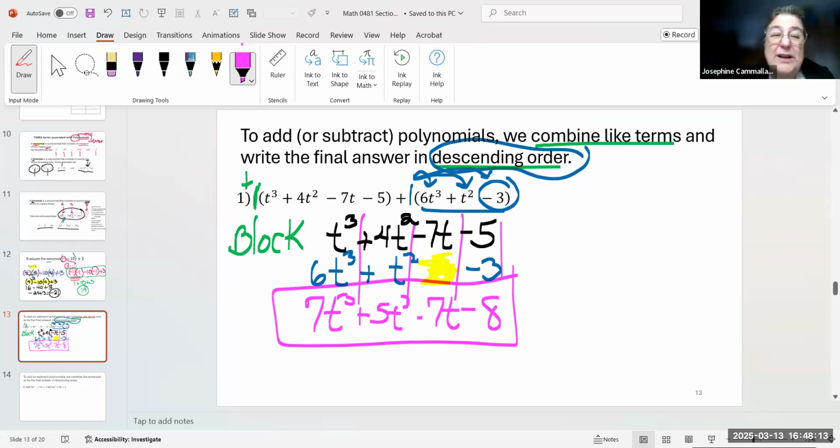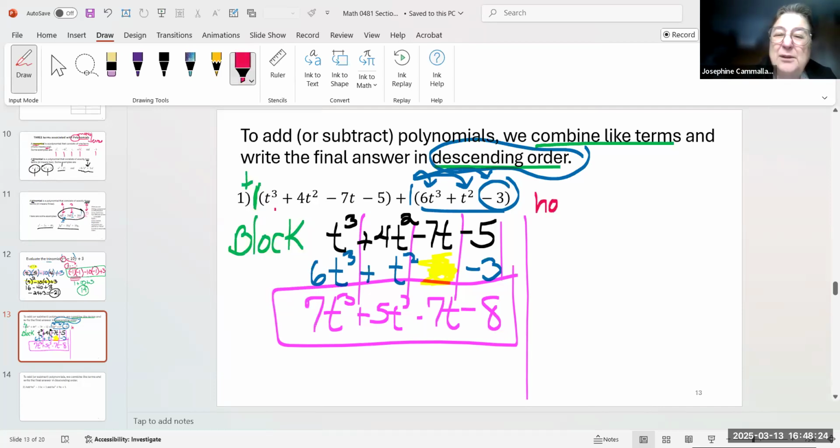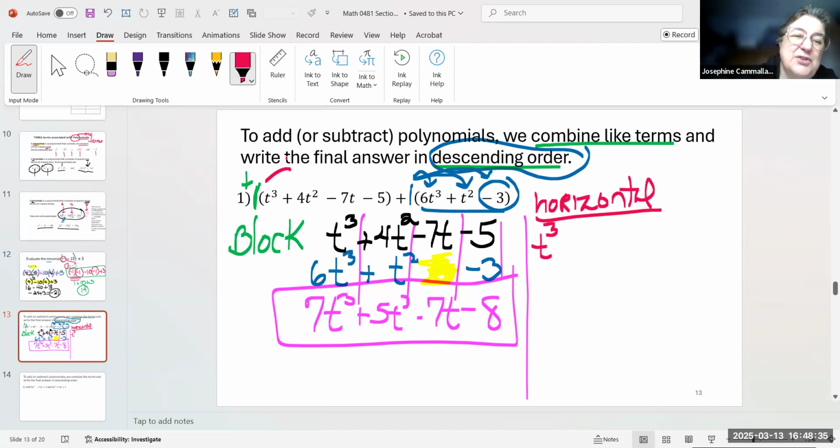Now, some people like to just go straight across and distribute. Now, this would give me, okay, and this is called the horizontal method, where you're just distributing. This is t cubed. Notice I'm distributing.